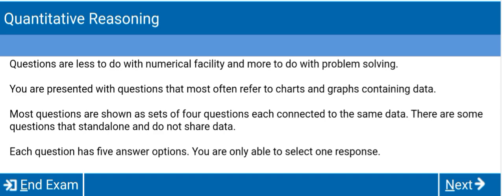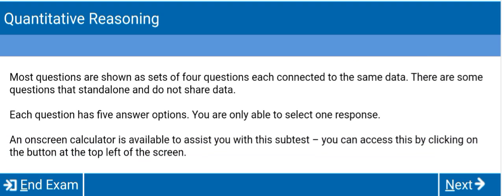Most questions are shown as sets of 4 questions, each connected to the same data. There are some questions that stand alone and do not share data. Each question has 5 answer options. You are only able to select one response.